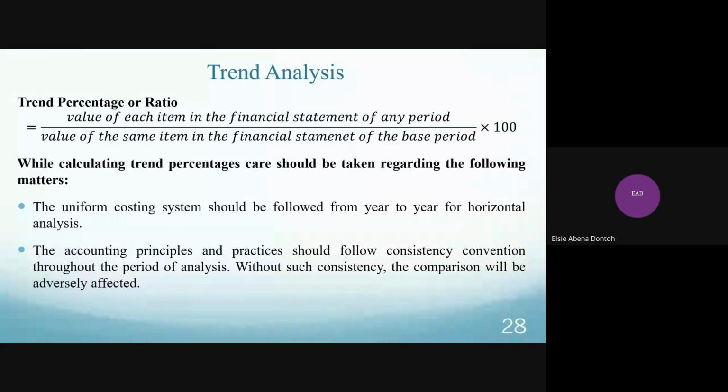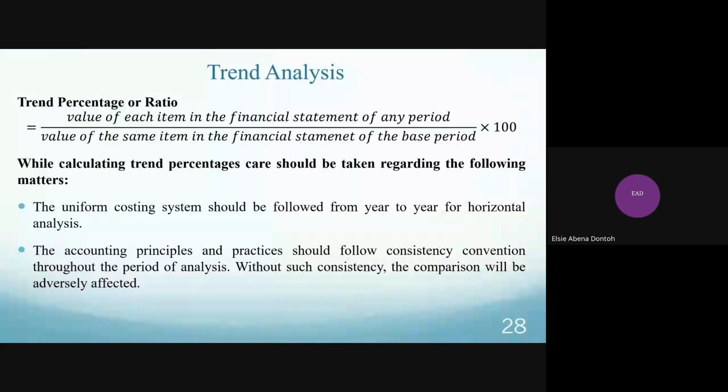The trend percentage is the value of each item in the financial statement of any period over the value of the same item in the financial statement of the base period, multiplied by 100%.